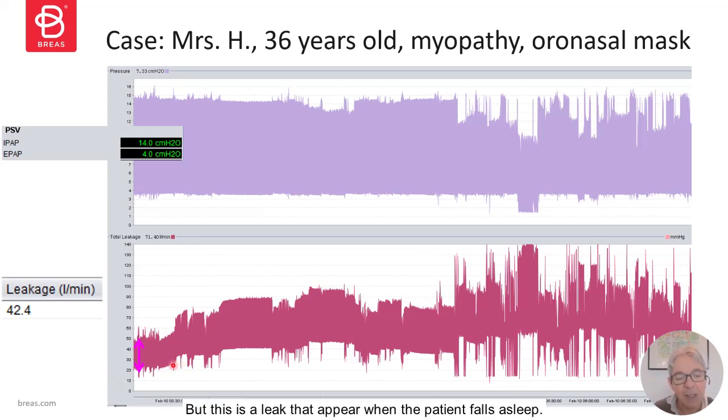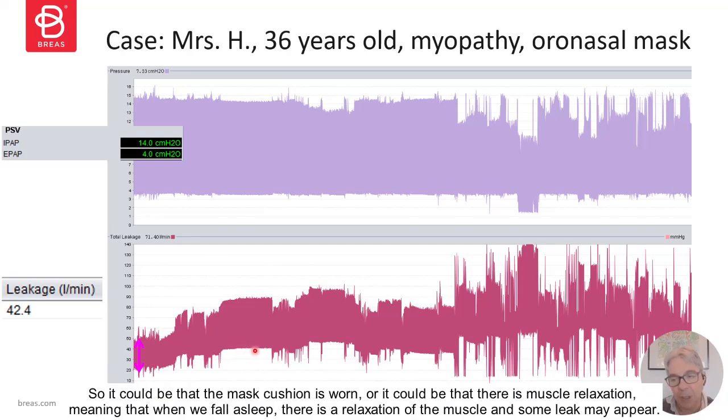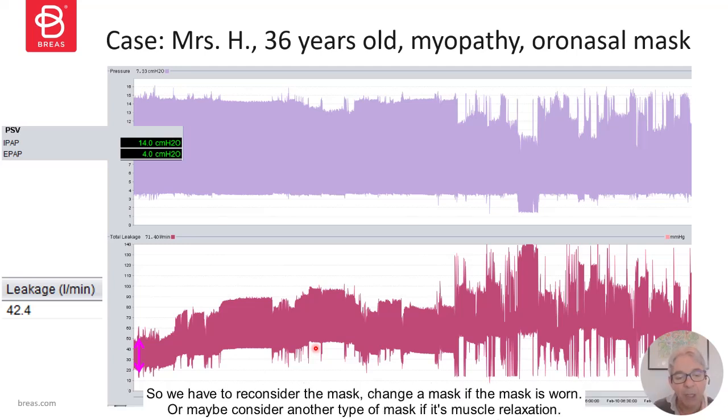But this is a leak that appears when the patient falls asleep, so it could be that the mask cushion is worn, or it could be that there is muscle relaxation, meaning that when we fall asleep, there is a relaxation of the muscle and some leak may appear. So we have to reconsider the mask, change the mask if it is worn, or maybe consider another type of mask if it's muscle relaxation.